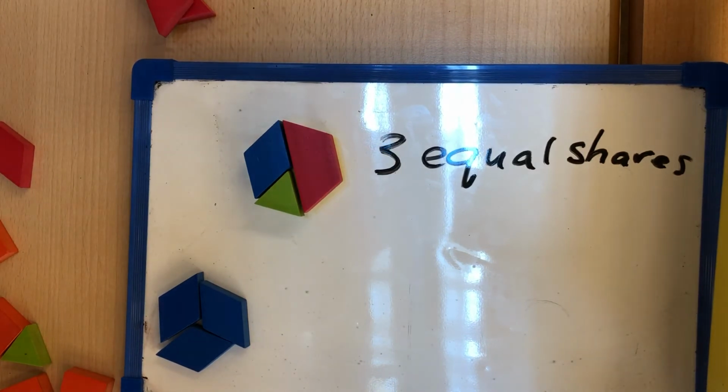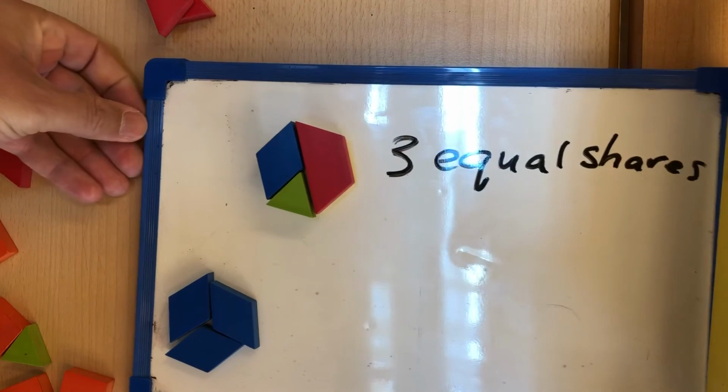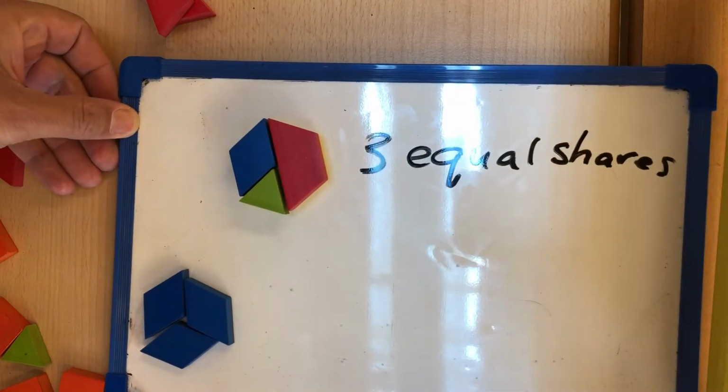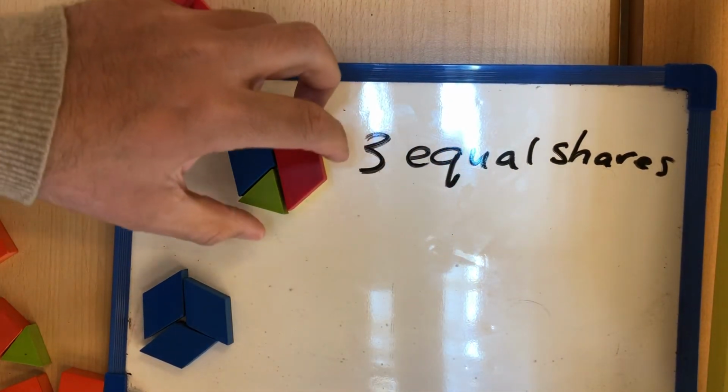If this was the cake and we cut this up for your family, your dad would probably want the biggest one. Yeah, I know I would. Okay, so that would not be dividing it up into equal shares.